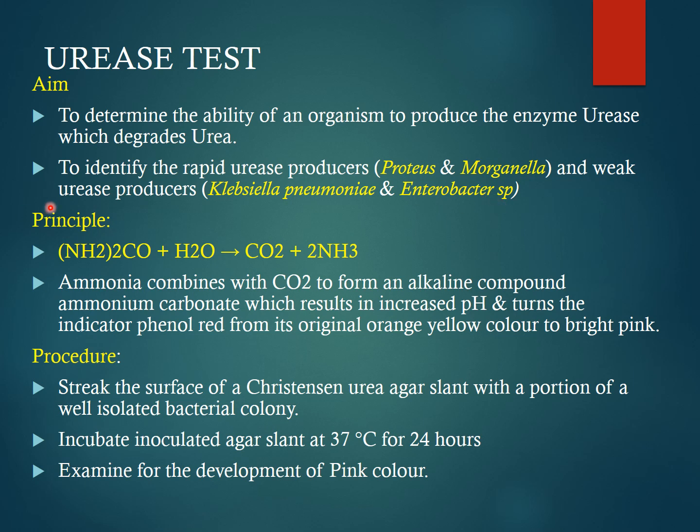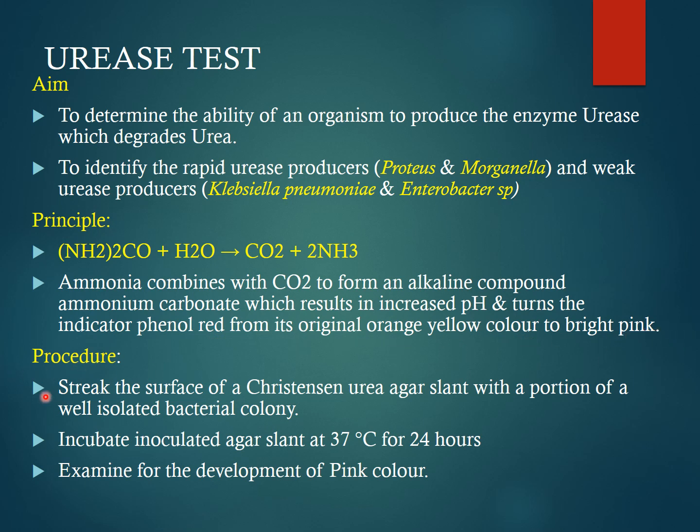It is based on the principle that the urease enzyme reacts with urea in the presence of water to form carbon dioxide and ammonia. This ammonia combines with carbon dioxide to form an alkaline compound, ammonium carbonate, which results in increased pH and turns the indicator phenol red from its original orange-yellow color to bright pink color.